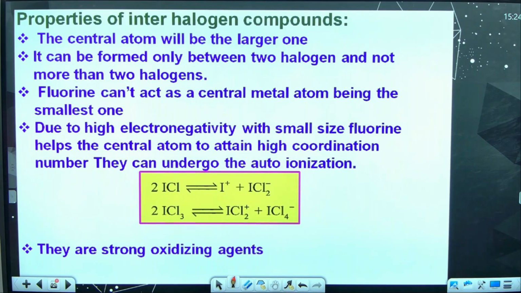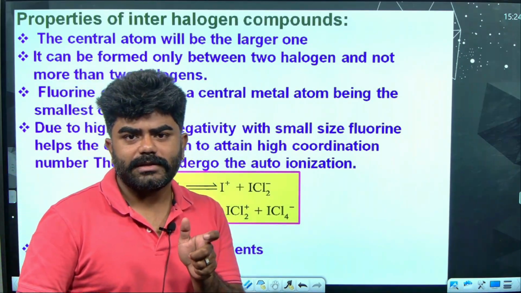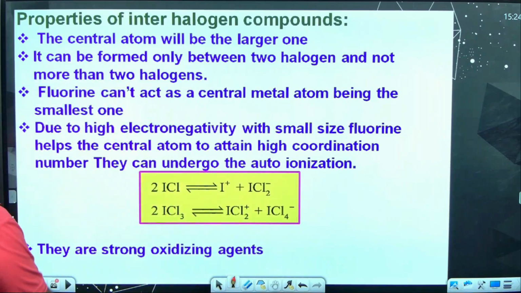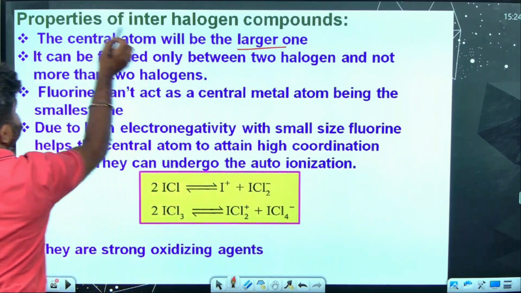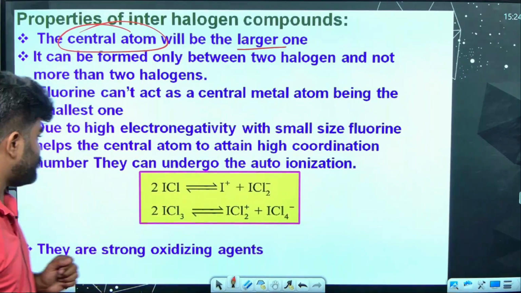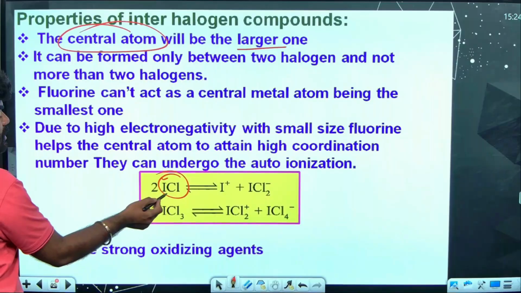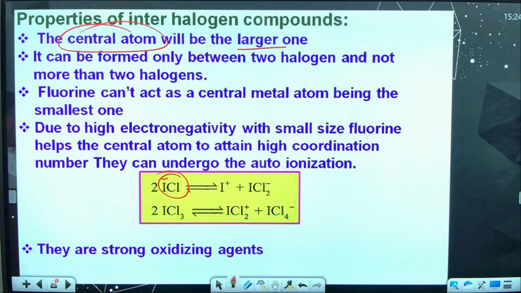இப்போ இந்த interhalogen compounds-ஓட properties பார்த்தோம் அப்படின்னா, இருக்கிற அந்த interhalogen compound-ல the one which is larger will be the central atom. எந்த atom larger-ஆக இருக்கோ அதுதான் central atom-ஆக இருக்கும். இப்போ for example ICl எடுத்துக்கிட்டிங்கன்னா அயோடின் is larger than Cl, அதனால் I will be the central atom. ஓகே.